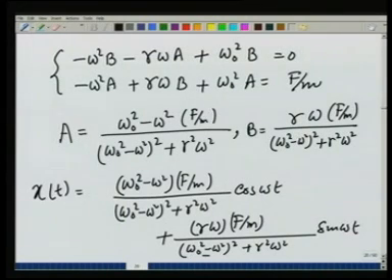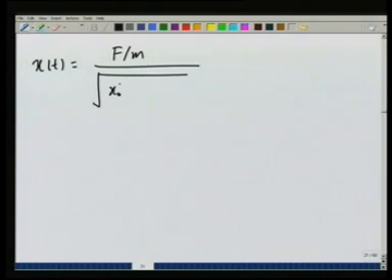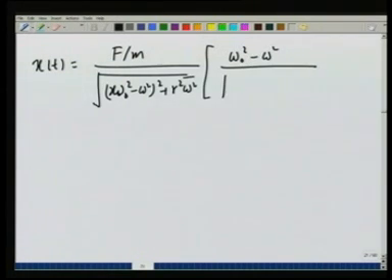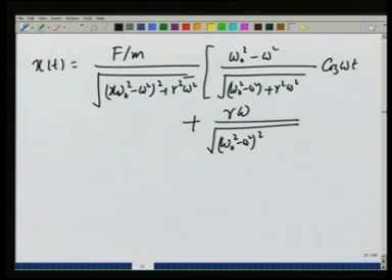I will take the square root of the denominator out and write the solution as x of t equal to f over m over the square root of omega naught square minus omega square squared plus gamma square omega square, times omega naught square minus omega square over the square root of this term, cosine omega t, plus gamma omega over the square root of the same term, sine of omega t.